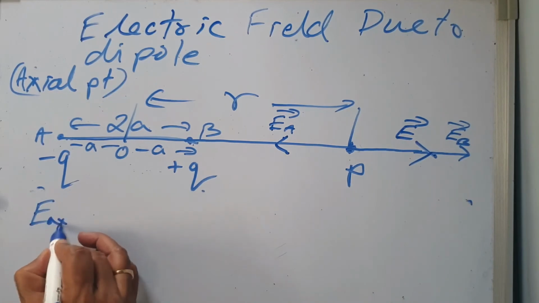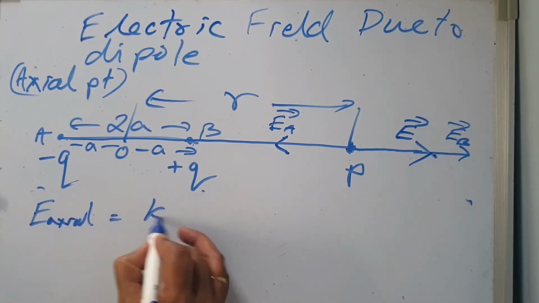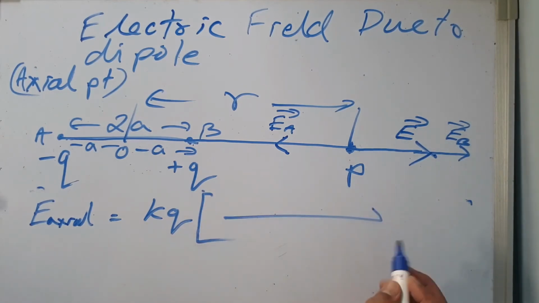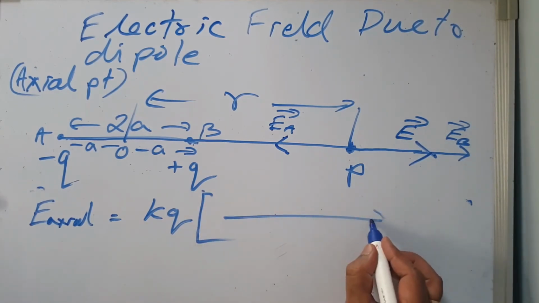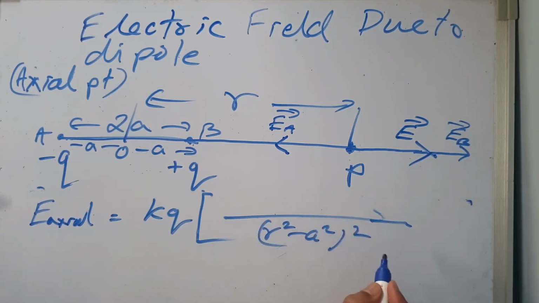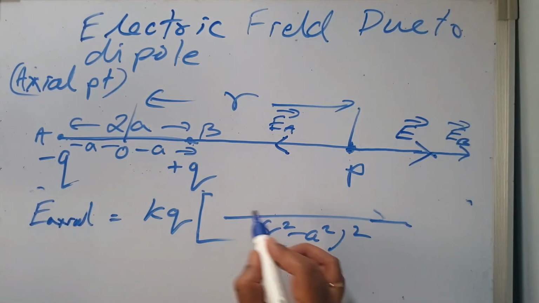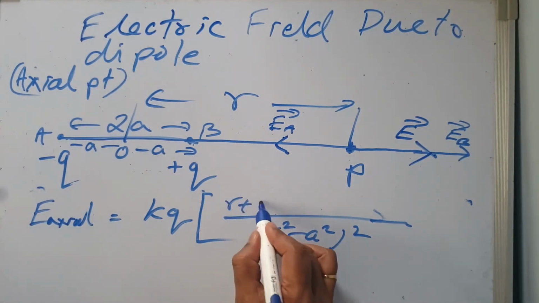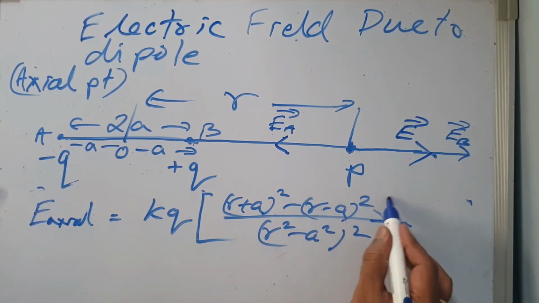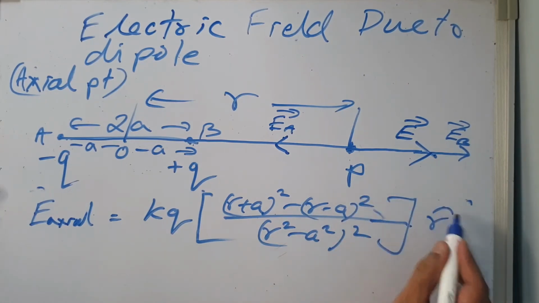E at axial point will be KQ. What was the LCM? r squared minus a squared the whole squared. This will be r plus a the whole squared minus r minus a the whole squared, unit vector r cap.